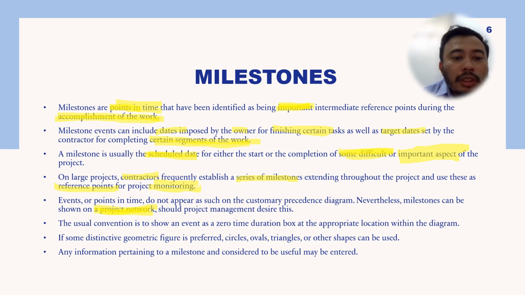The usual convention is to show an event as 0 time, to mark it as a milestone at the appropriate location within the diagram. Any information pertaining to a milestone and considered useful can be entered in the diagram. So let's see the example here.